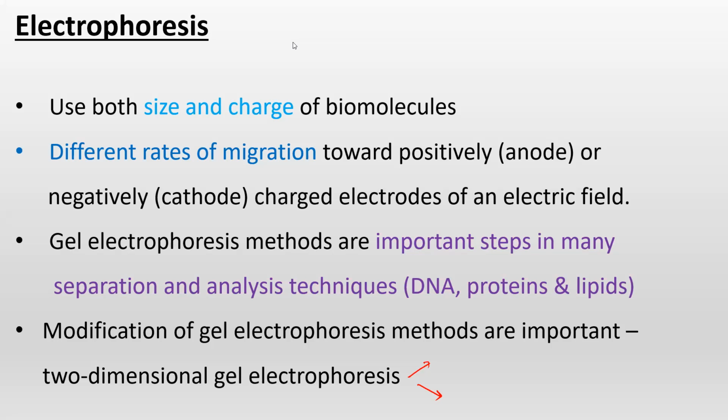At least give me one property on which it works, the two-dimensional gel electrophoresis. Size and charge is the normal electrophoresis. The native gel or the native PAGE that you do works on that. But what about two-dimensional?